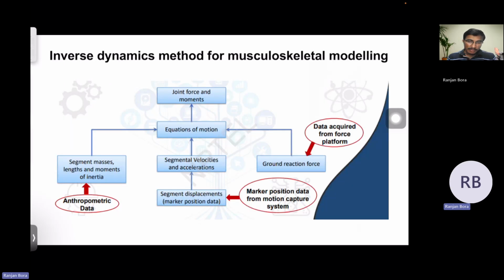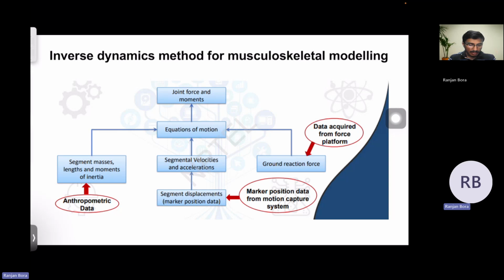Now, next one is the inverse dynamics method for musculoskeletal modeling. So the purpose of developing the musculoskeletal model is to estimate the joint forces and moments using the inverse dynamics method. So for doing the inverse dynamics method, we need three inputs.